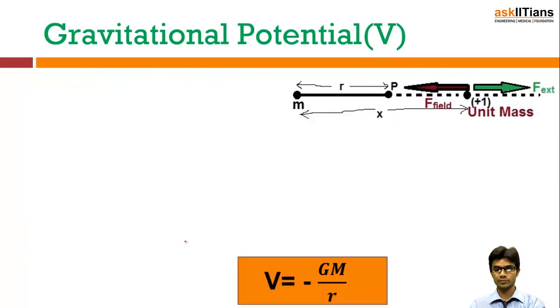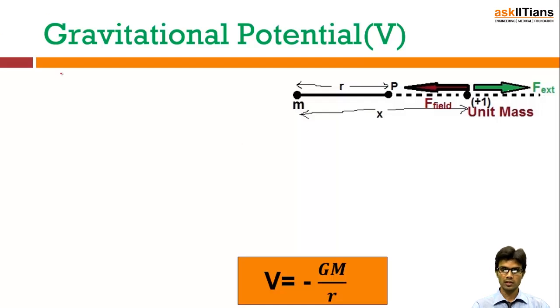Now we are going to derive how to find the potential. As I already explained, gravitational potential is the work done by an external agent in bringing a unit mass from infinity to the required point. So we have to find the work done by the external agent, and this value will give the gravitational potential.